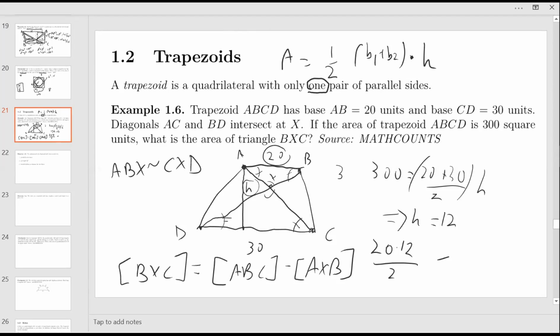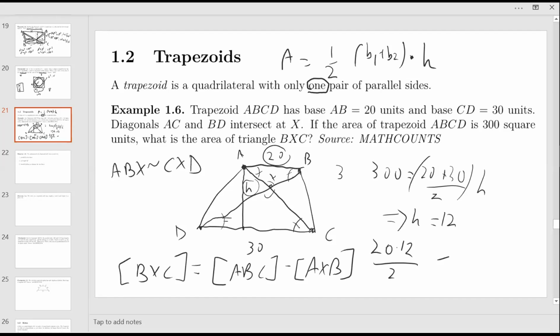Now using the similarity, the base of AB is 20 and the base of CD is 30. So the triangles are in a 2:3 ratio. In other words, the CXD triangle is just a 50% magnification of the AXB triangle.